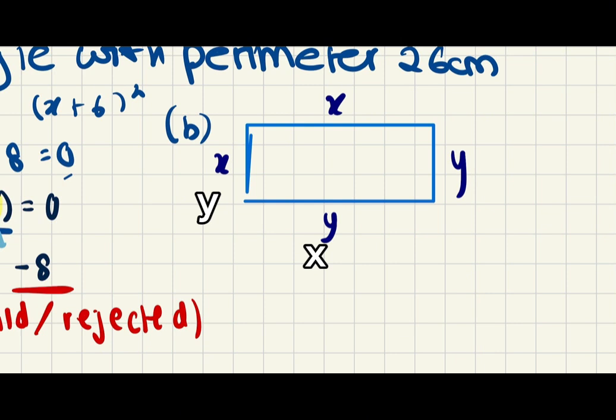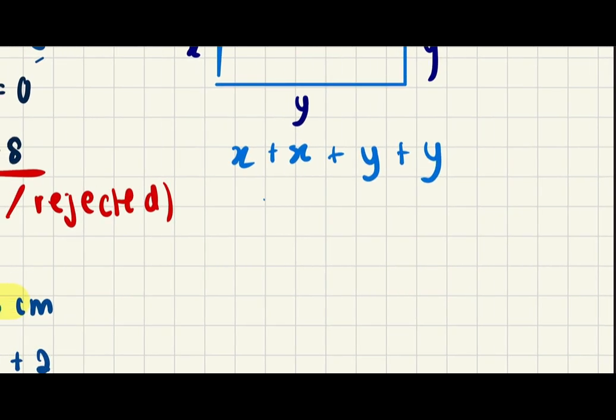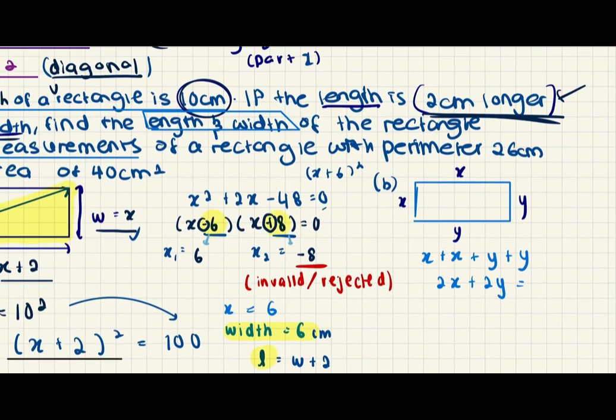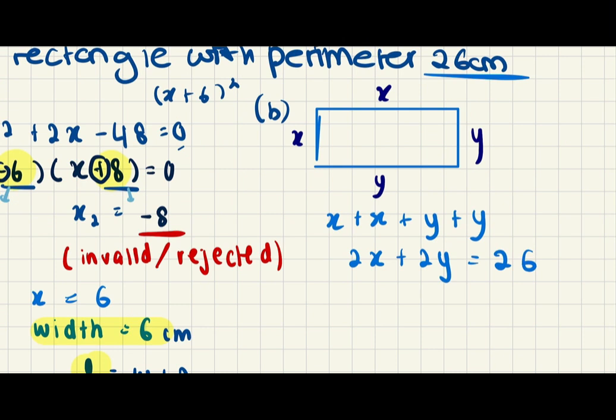Perimeter is when you add up all the sides, right? So let's add up all of it: x plus y plus x plus y. You will get 2x plus 2y is equal to the perimeter, 26 centimeters. This is your equation 1.